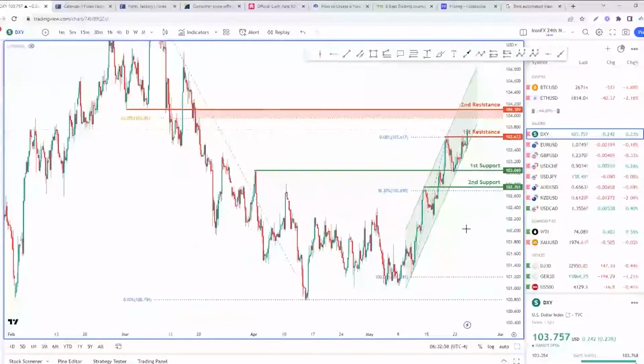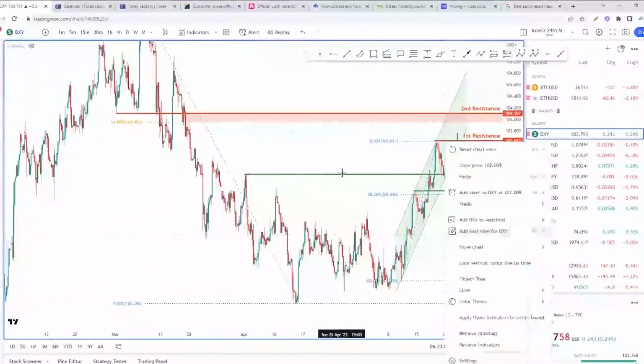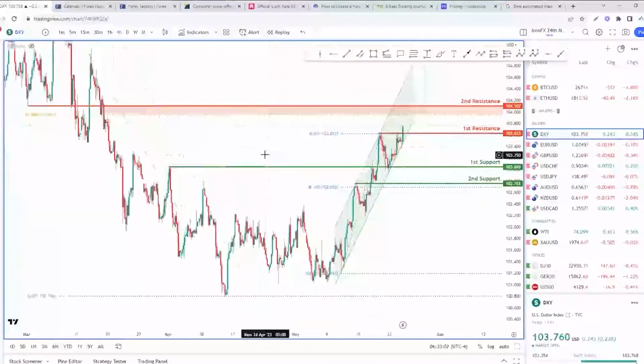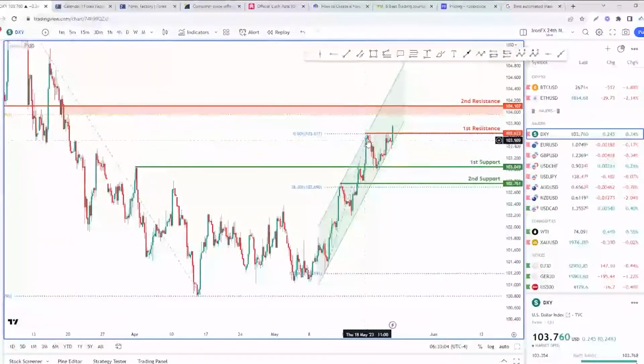Okay, so let me just quickly show you how we identify various support levels, overlapping support and resistance levels. So in this example, we can see that on 18th of May, the dollar index hit 103.60, retreated and fell to 103, and then bounced higher, found resistance at this level at 103.60 yesterday, before finally breaking through it today.